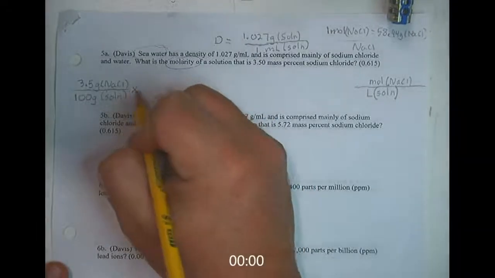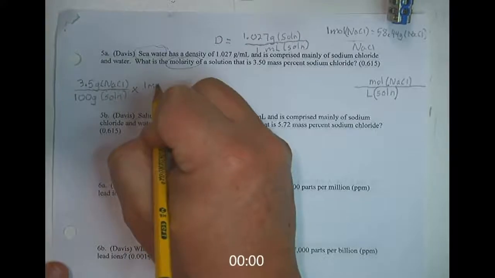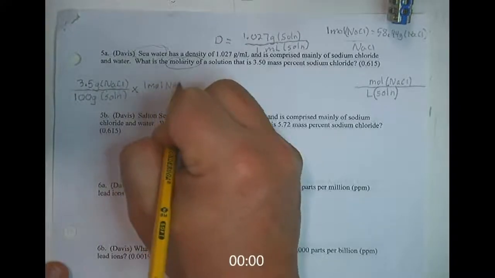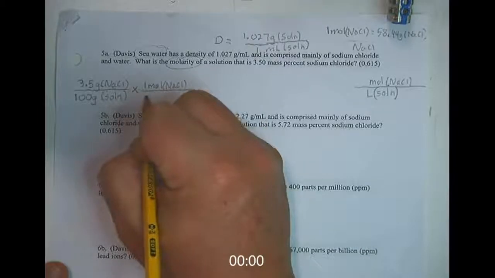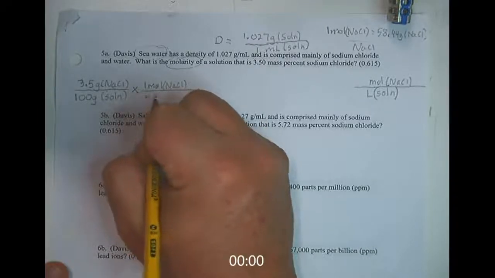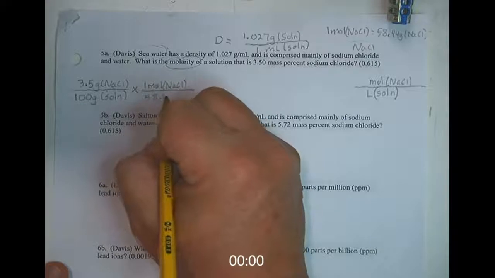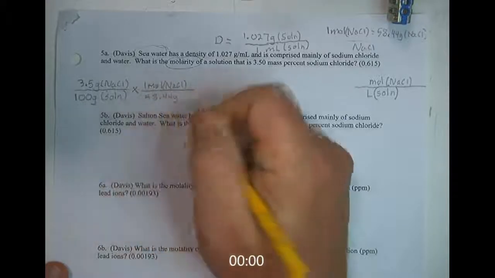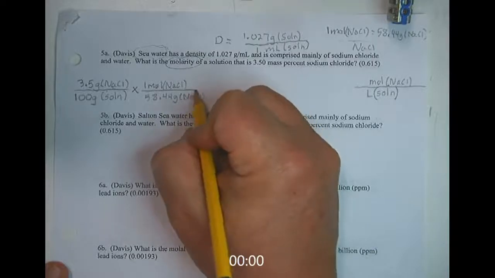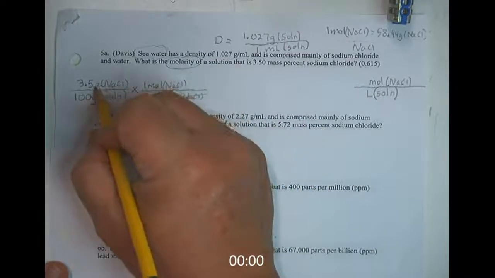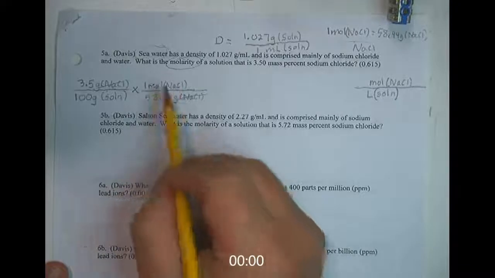So we're going to multiply 1 mole of NaCl for every 58.44 grams of NaCl. So grams of NaCl cancels out there and there. We end up with moles of NaCl.